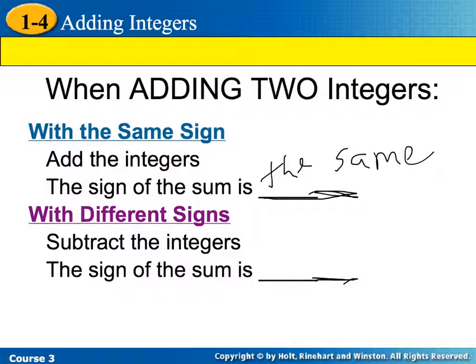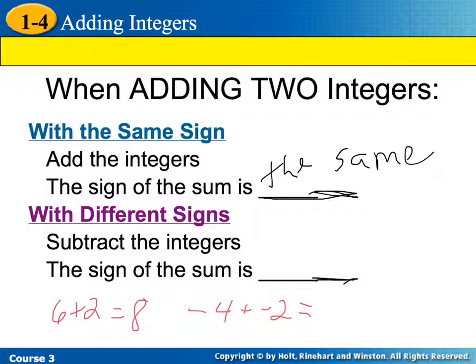Okay? If I take, for instance, a little problem here at the bottom. If I give you 6 plus 2, we know 6 plus 2 is 8, because if I add 6 and 2 together, I'm going to get another positive number. Same thing, -4 plus -2.